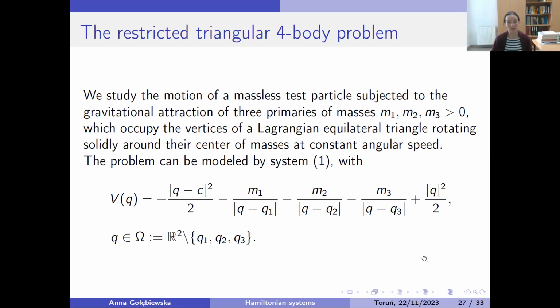It can be modeled by our system, where I put here only the part of the Hamiltonian depending on position, not momentum. This is the formula, and it is not defined at the points q1, q2, q3 because of collisions.